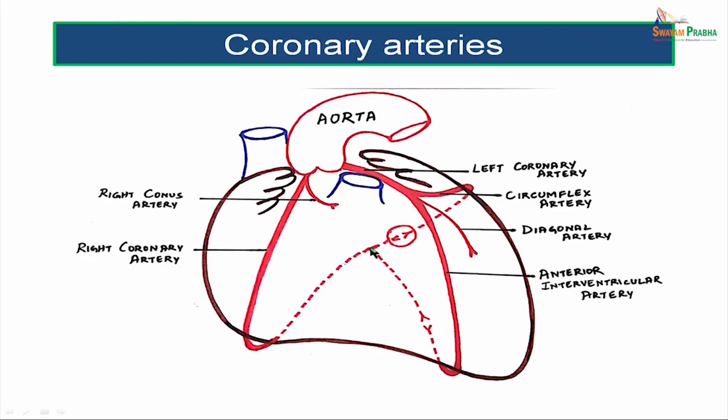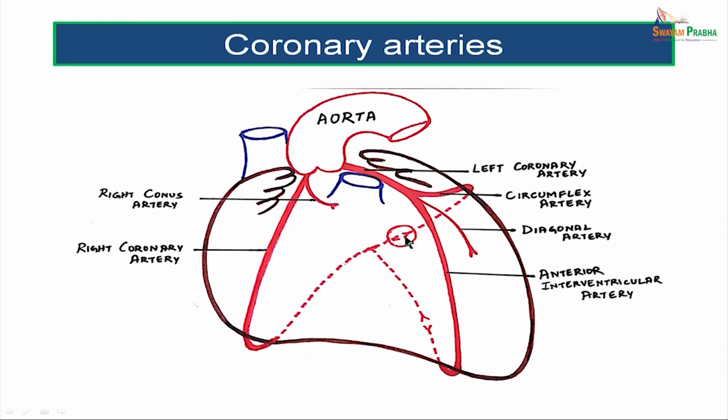It crosses this crux of the heart, reaches the left side of the crux and ends here by anastomosing with a branch coming from the left coronary, and this branch is called the circumflex artery. So, it is going to end in the circumflex artery anastomosis, and that is to the left of the crux of the heart. This is seen in 60% of individuals.